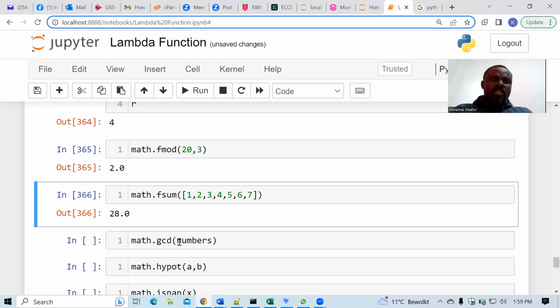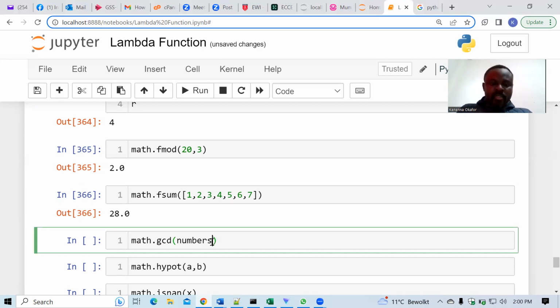Right. Now the GCD, which here I could call the greatest common divisor, or in certain parts of the world, like Nigeria, it's called the HCF, highest common factor. So what's the greatest number that can be used to divide a series of numbers without remainders? Okay, so I am going to provide the numbers 18, 24, and maybe 30.